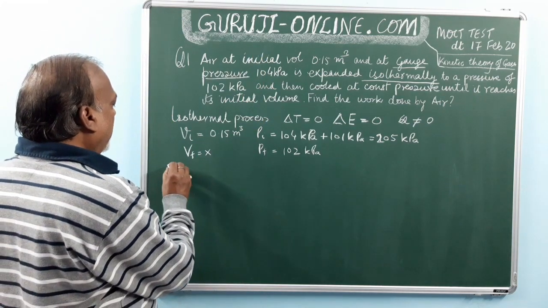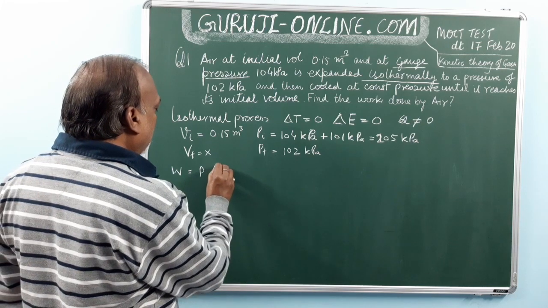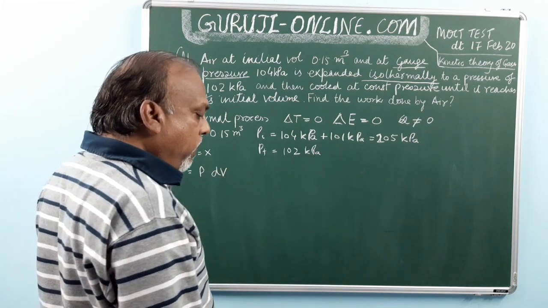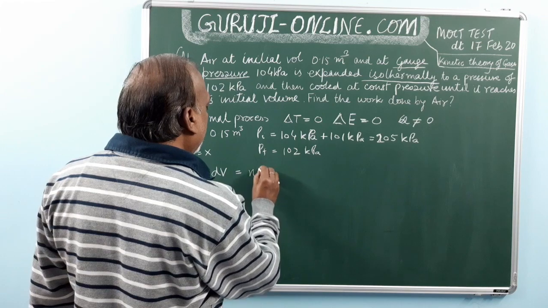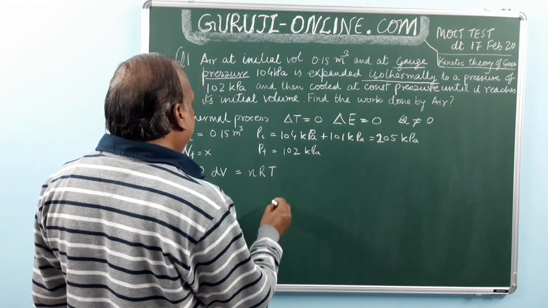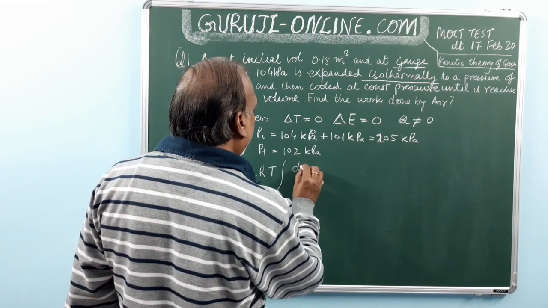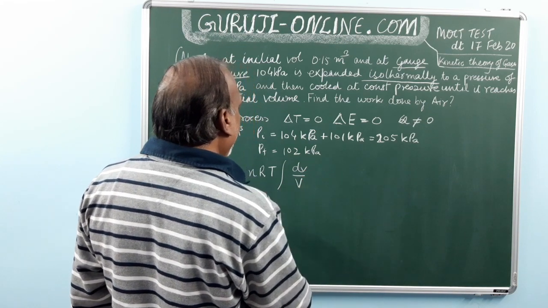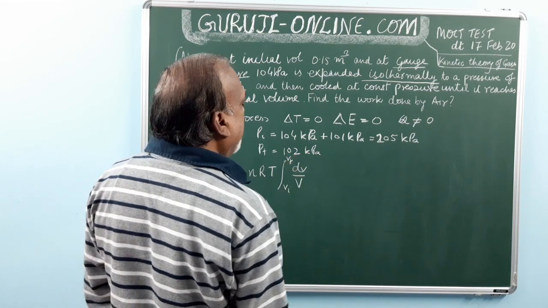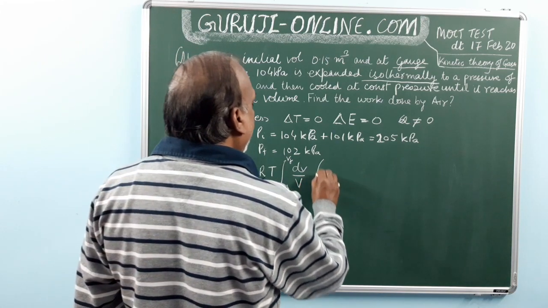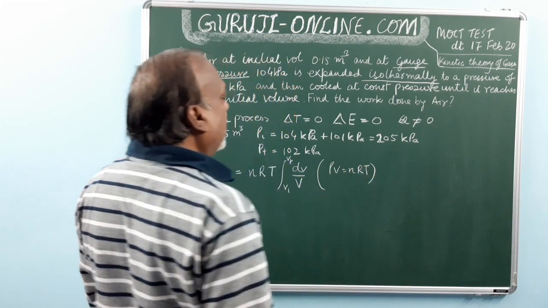So here we know what the work done is basically the integral of P dV, or we can write it as nRT dV upon V, from VI to VF, because PV is equal to nRT for ideal gas.